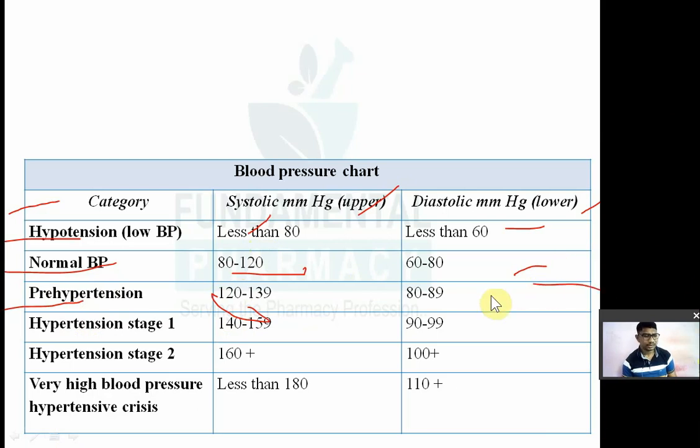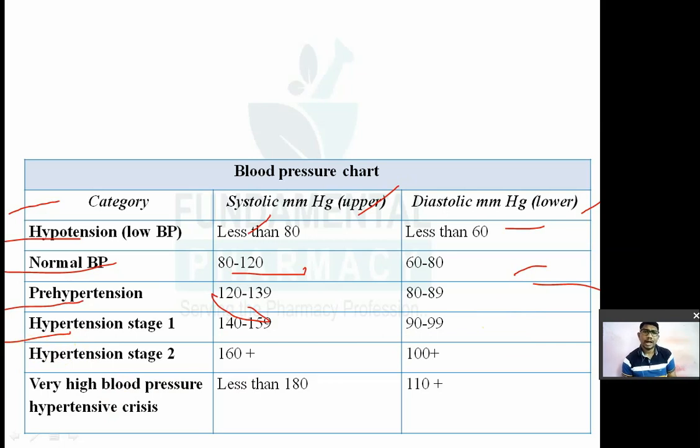This pre-hypertension does not need any kind of treatment, but it may be converted into hypertension. ये जब pre-hypertension आता है पेशेंट में, तो अगर वो क्लियर नहीं हुआ तो उसका कन्वर्जन होता है हाइपरटेंशन में, वो बाद में हाइपरटेंसिव हो जाता है.